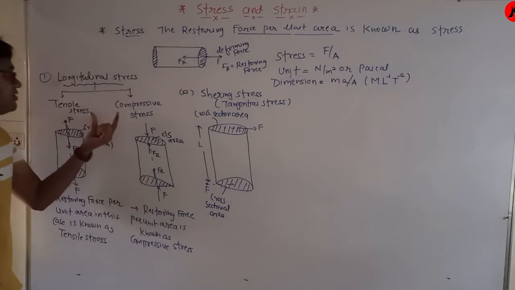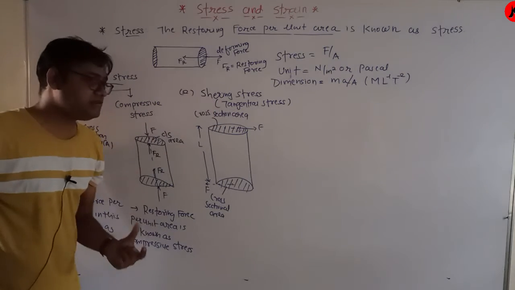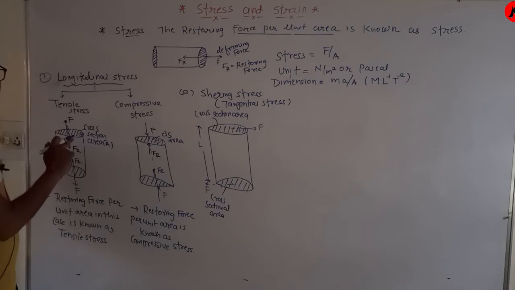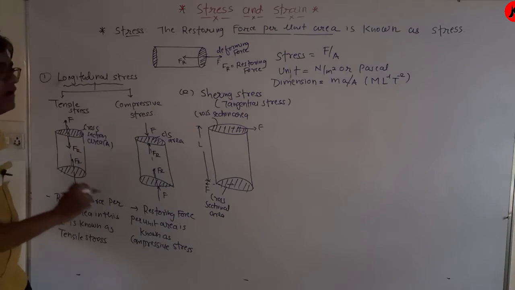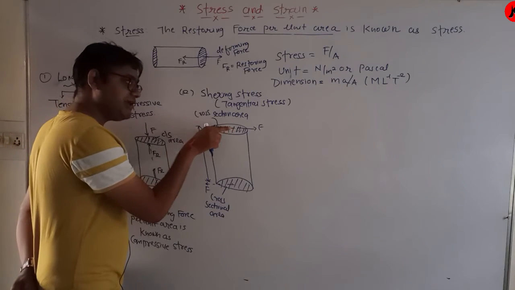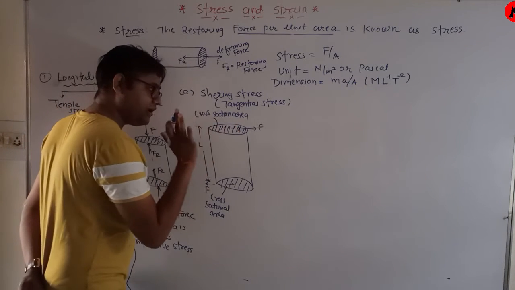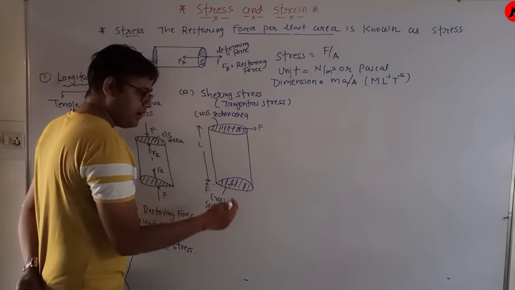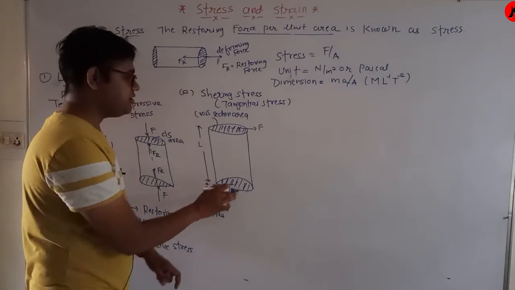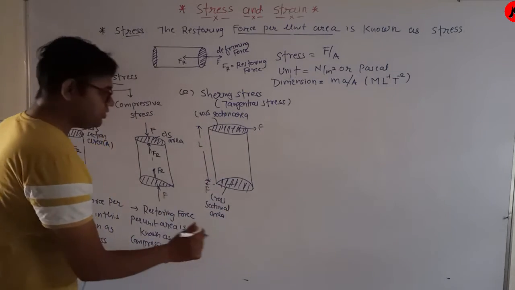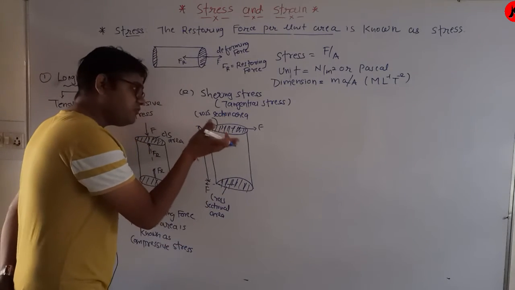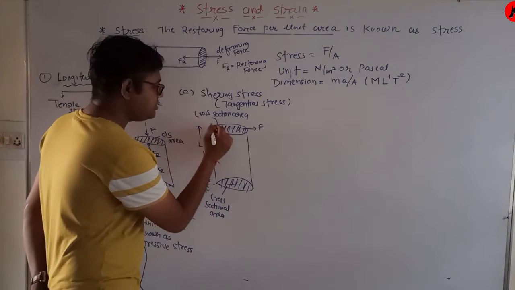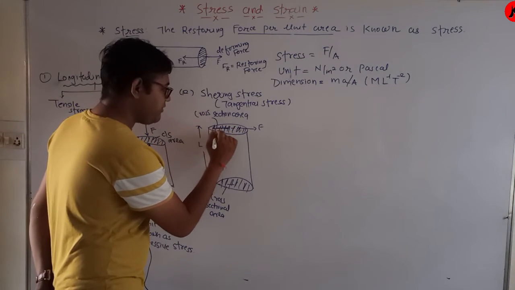Keep in mind the difference between longitudinal stress and shearing stress: there we applied a force normal to the cross sectional area, and here we have applied a force tangential to the cross sectional area, on both faces. Here the force F is tangential to area A, so the cylinder tries to be in equilibrium, which also generates the restoring force Fr.